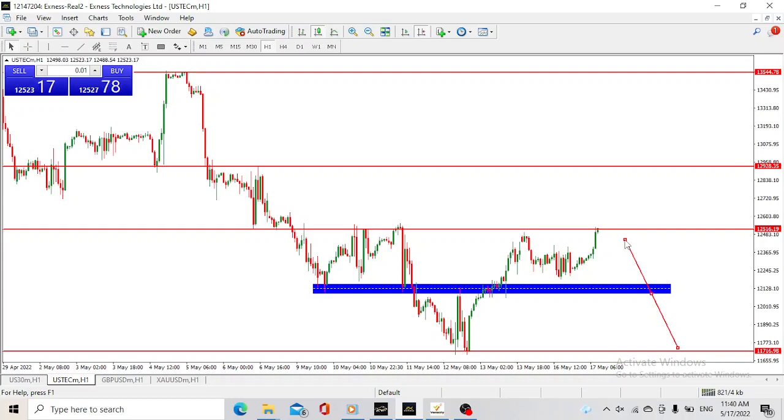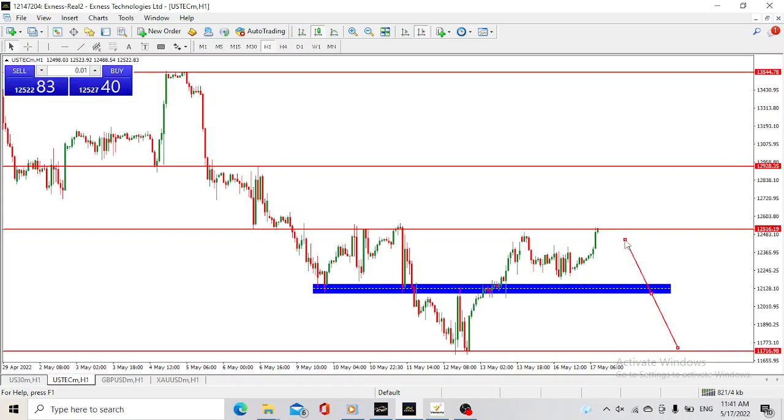You didn't use only one confirmation, you had more to confirm your entry. After doing that, you enter to move along with the market.